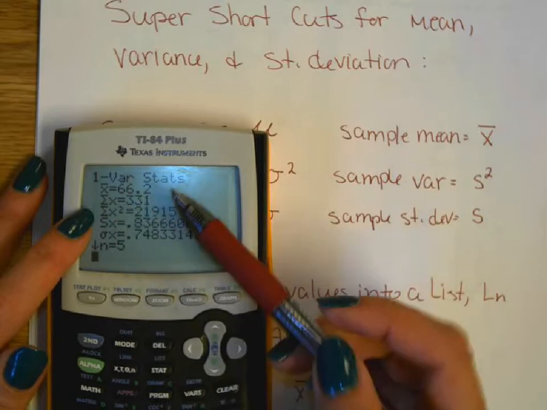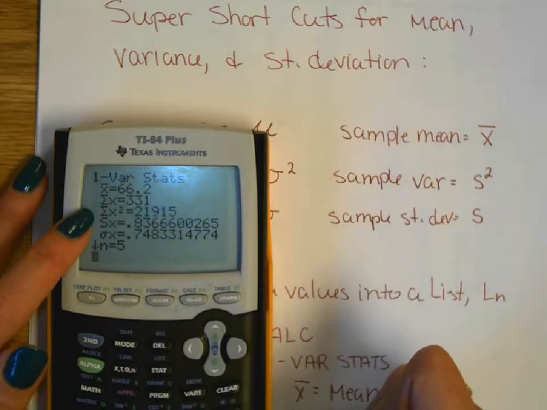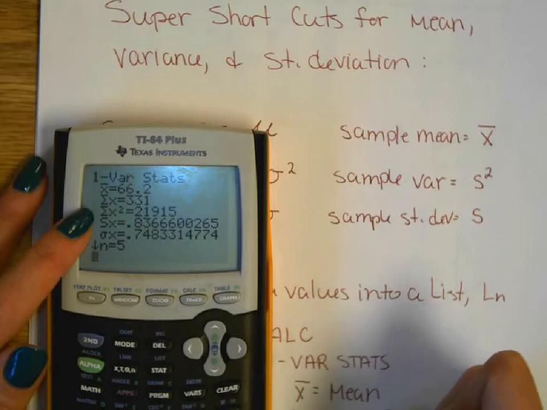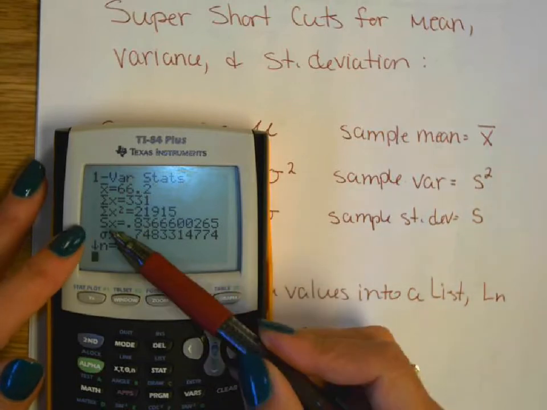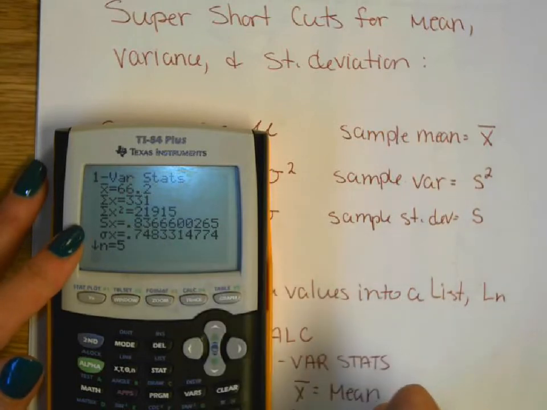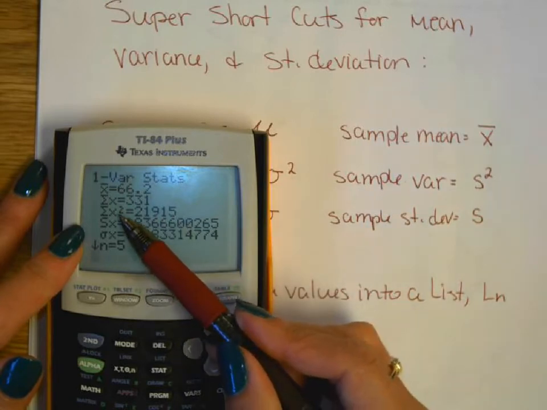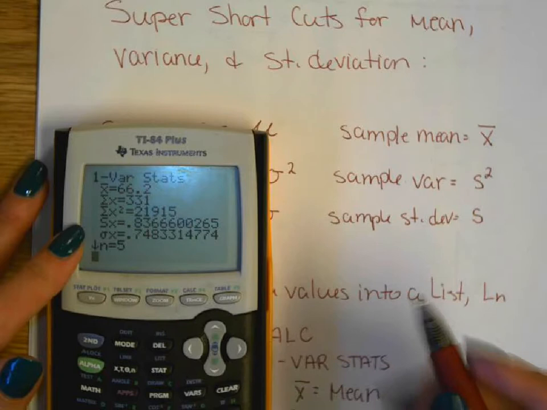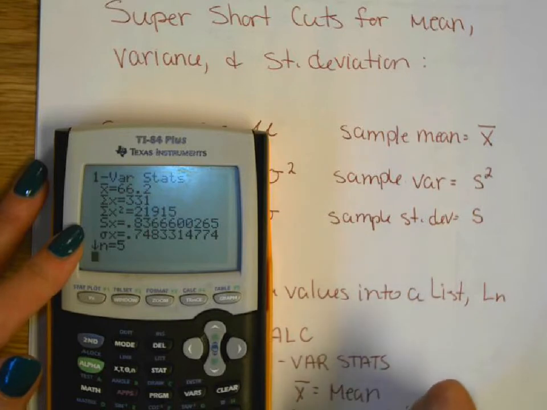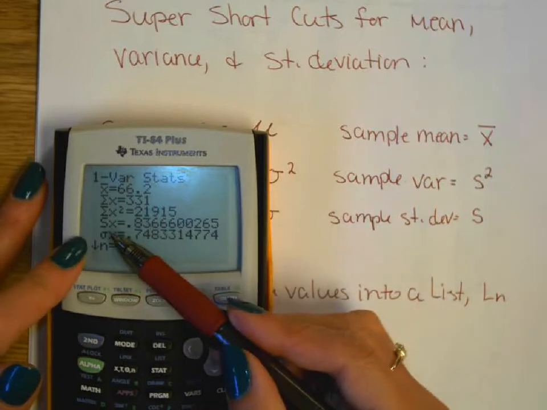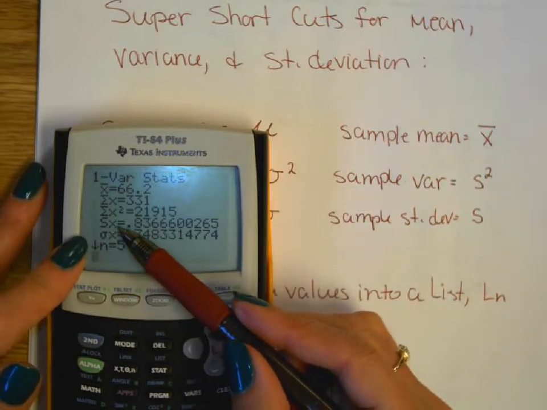It's going to sum up the numbers in my list. So that second one is the sum of your x's. The next symbol you see is sigma x squared. What that's going to do is square every number and add them up. So it's the sum of the x squared. Then you see an s, that's sx.